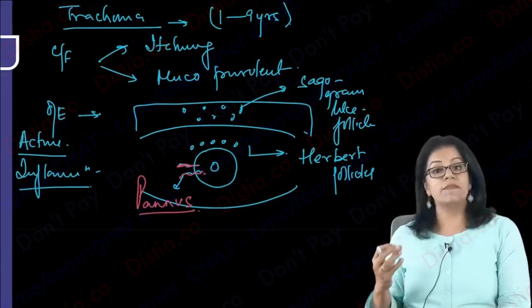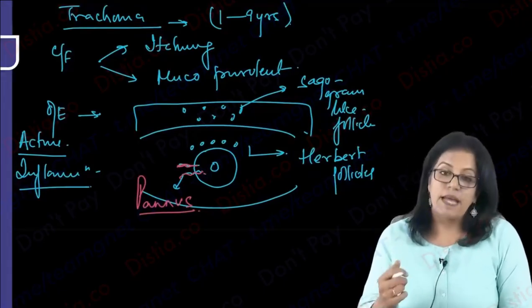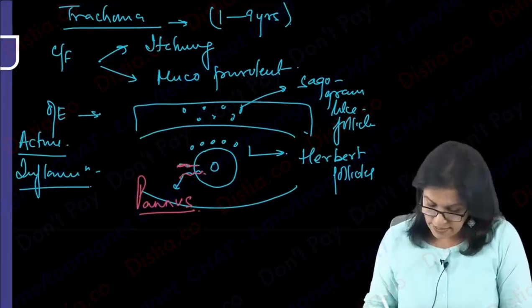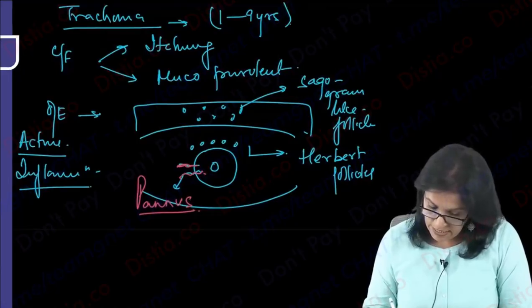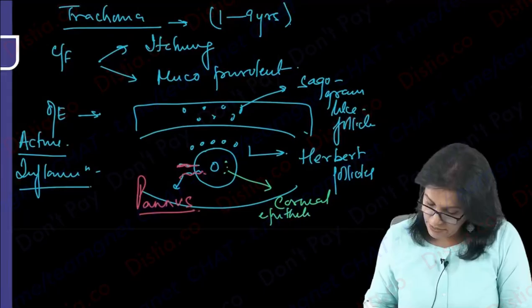This is mainly blood vessels with some lymphocytic infiltration. So that is your pannus, and yes, there can be some corneal epithelial defects. Let's mention that as well. So this is all the active inflammatory stage.